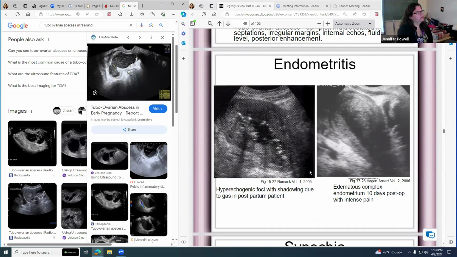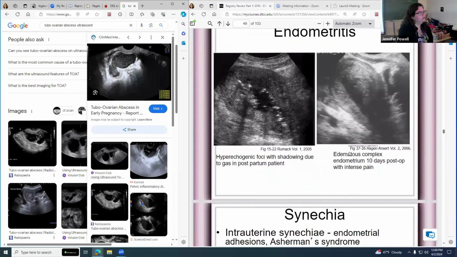What can happen is they don't expel all of the products of conception, and then it ends up getting infected. And I believe they have to have a D&C to clear that out.